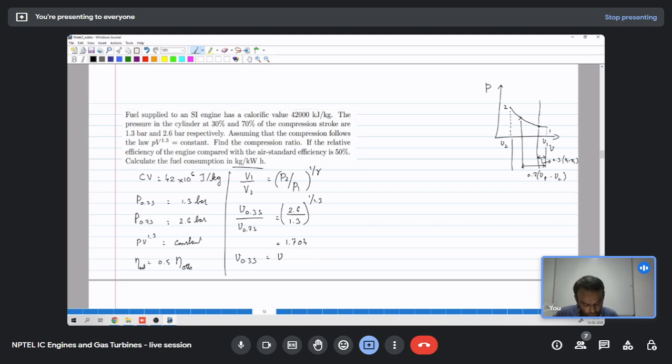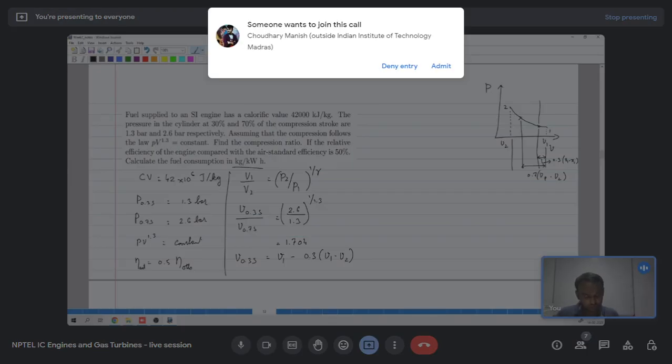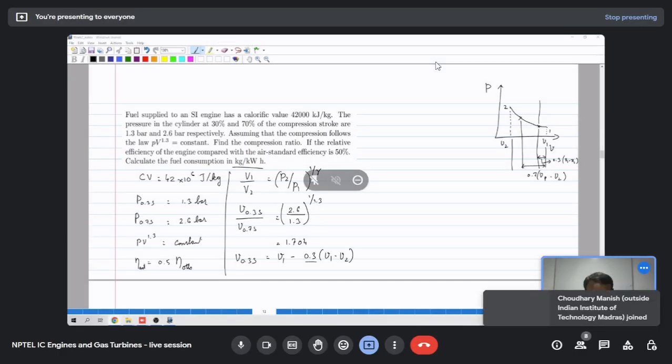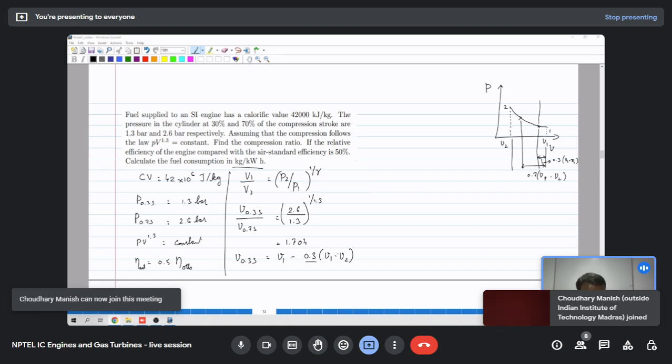Now if we have 0% stroke, this term becomes 0 and we have V1, the maximum volume at BDC. If we have 100% stroke, this 0.3 becomes 1, so V1 minus V1 cancels and we have V2.